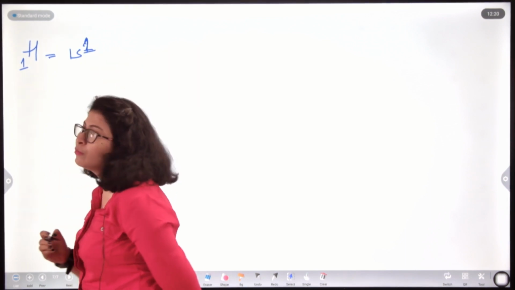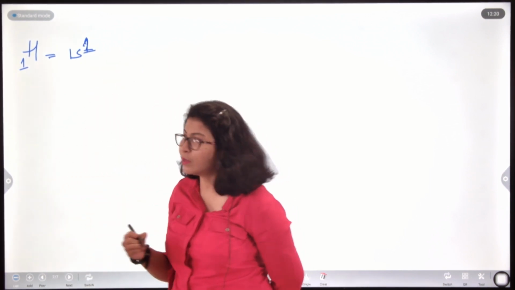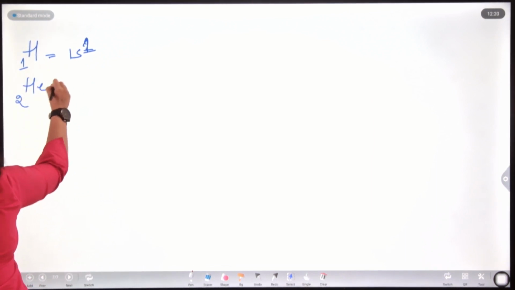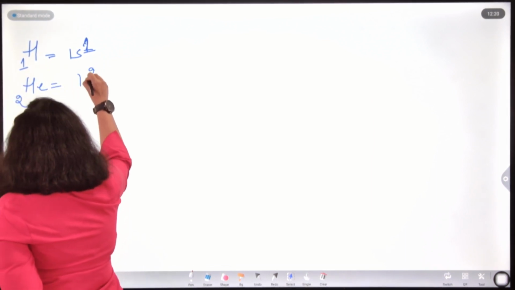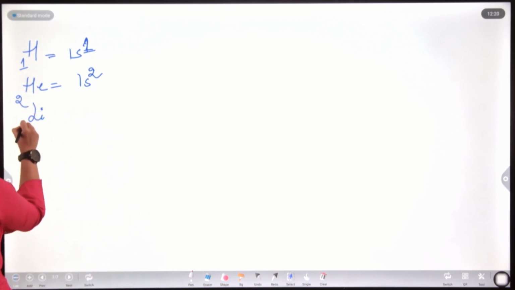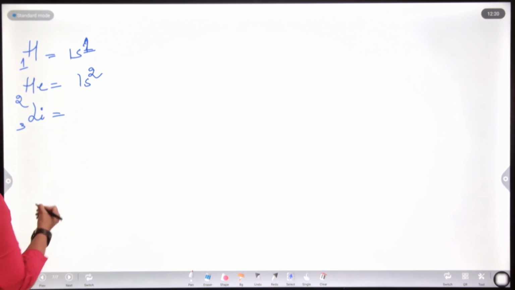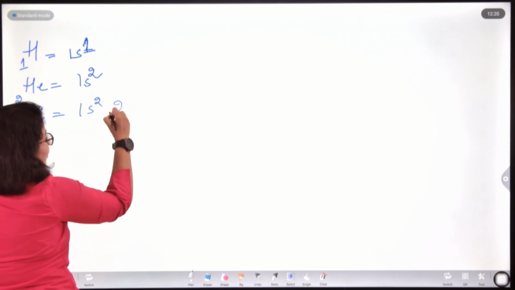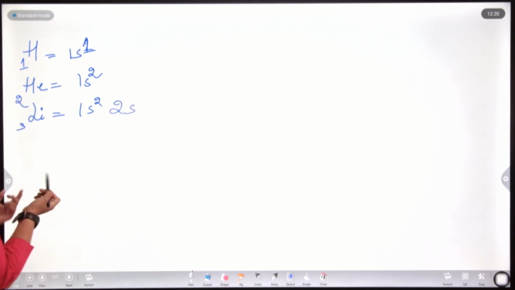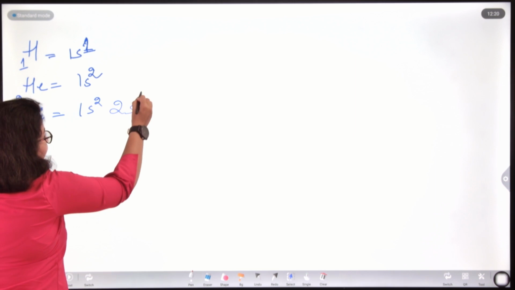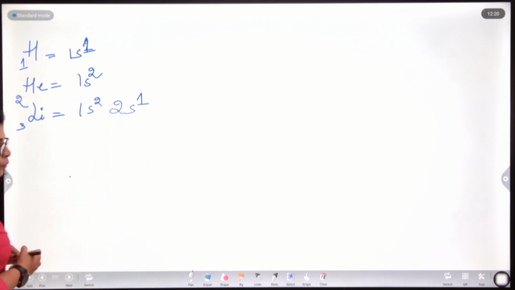The configuration for hydrogen is 1s1. For helium, atomic number 2, the configuration will be 1s2. For lithium, atomic number 3, the configuration will be 1s2. After that, what do we have? 2s, and how many electrons are we left with after giving 1s2? Obviously 1. So, its configuration will be 2s1.